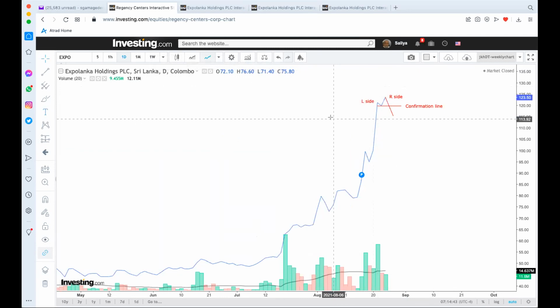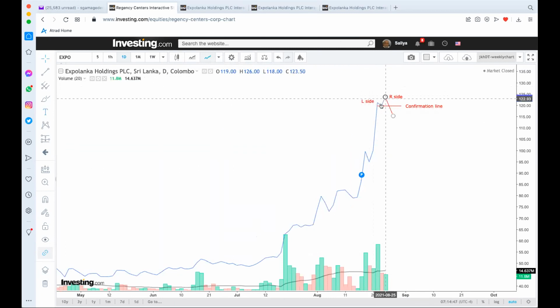Now, in the case of this pattern, we are expecting this final leg or final section of the right side to come down and break below the confirmation line, right?